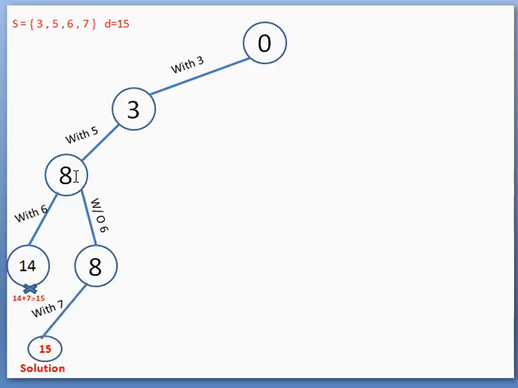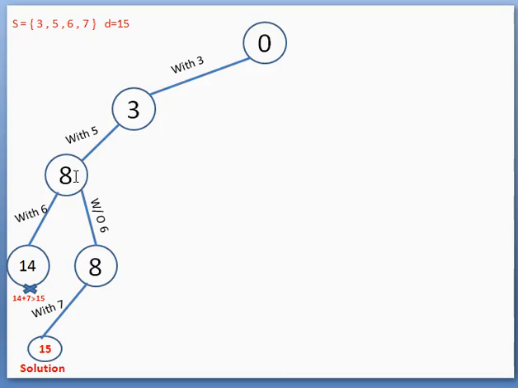By including 7, my sum becomes 8 plus 7 as 15, which is equal to our required sum. So this path starting from the root till the node 15 at this level gives one solution. So in the backtracking technique we may get more than one solution also.